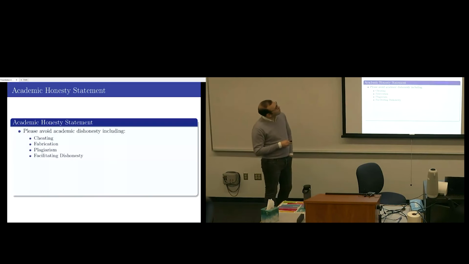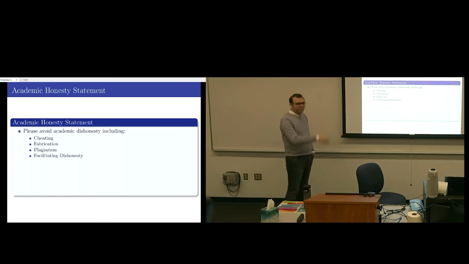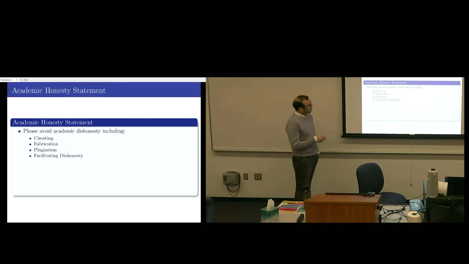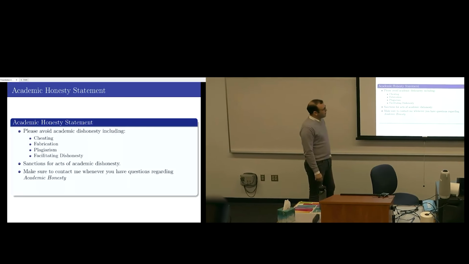So let's go to the academic honesty statement. Just to review, I have these slides. Please avoid academic dishonesty, including cheating, fabrication, plagiarism, and facilitating dishonesty. There are strict sanctions for dishonesty based on the university rules.